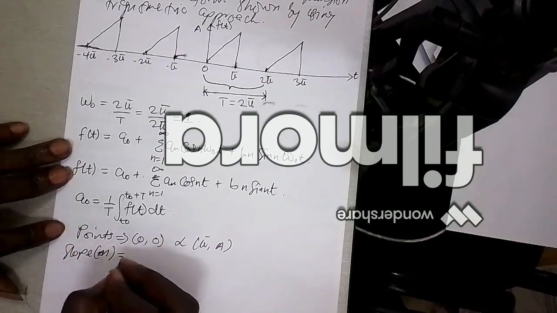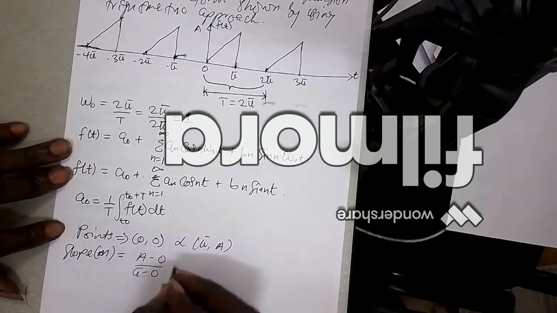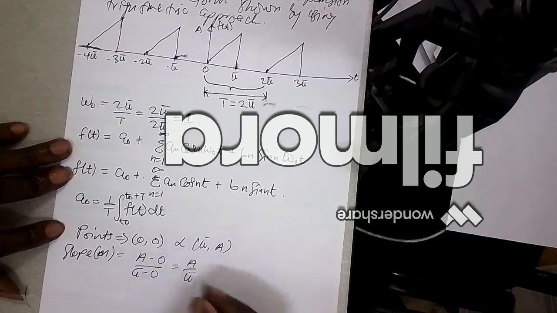Slope m is equal to A minus 0 over pi minus 0, which is equal to A on pi.